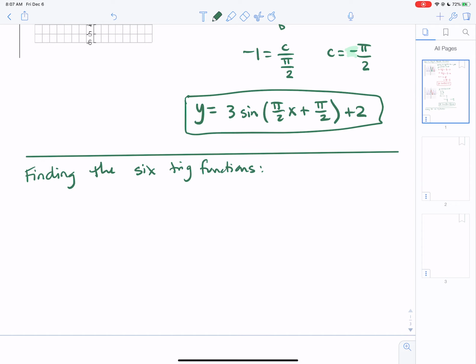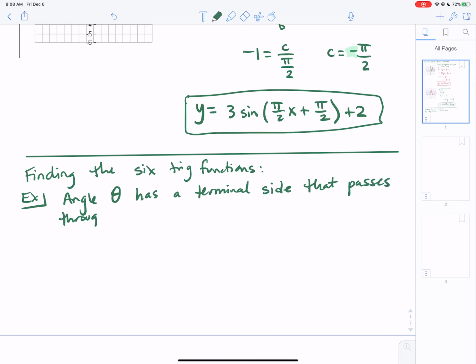All right, so what the questions look like is a little weird. It's going to say something like this. Angle theta has a terminal side that passes through the point, we'll say 4, -3.